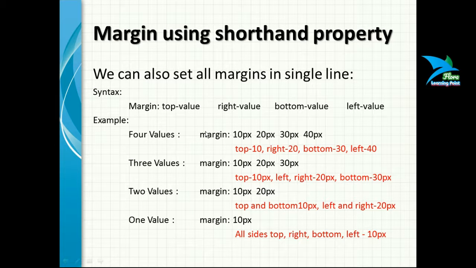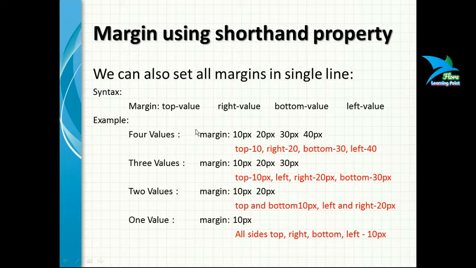We can also specify different variations of the values, like we can use 4 values, 3 values, 2 values, or 1 value only with the margin property. But when you use these different numbers of values, it will share a single value with multiple sides.